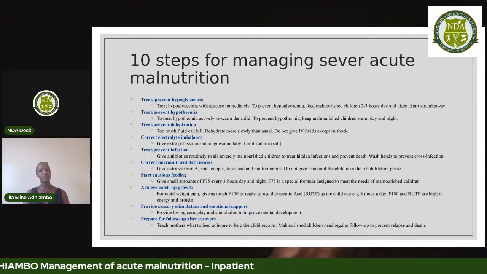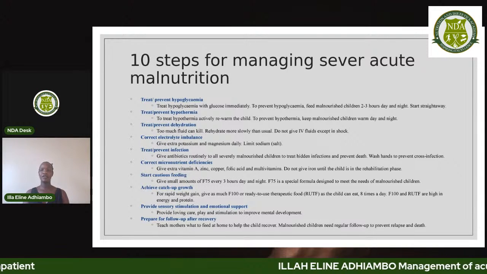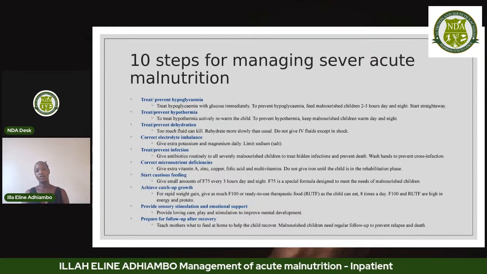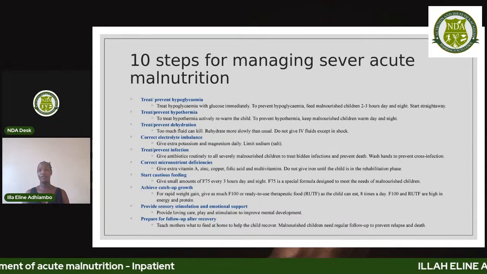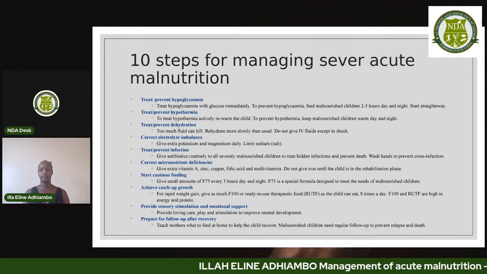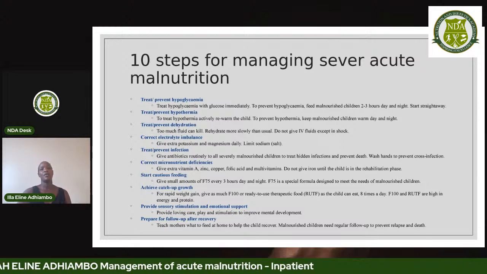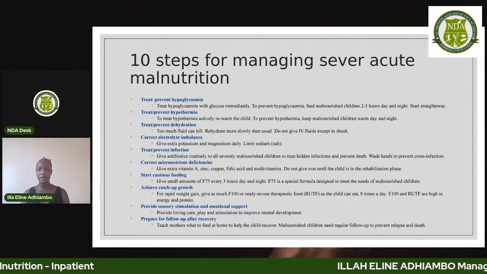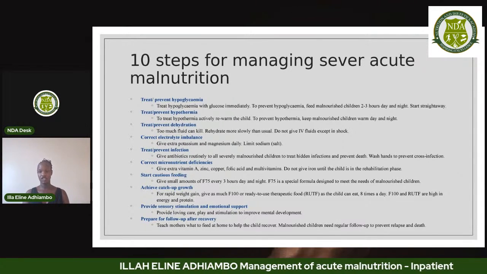You give glucose, and you feed every 2 to 3 hours. First of all, you start by giving glucose to treat hypoglycemia. Consequently, we are going to give this child F75 every 2 to 3 hours, at a rate of 130 kilocalories per kg per day.